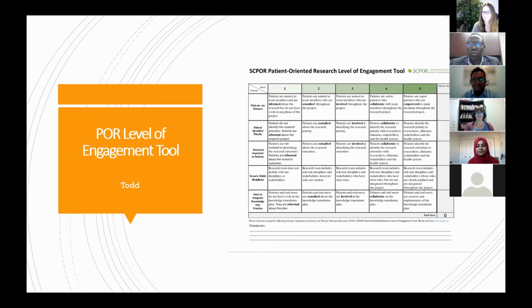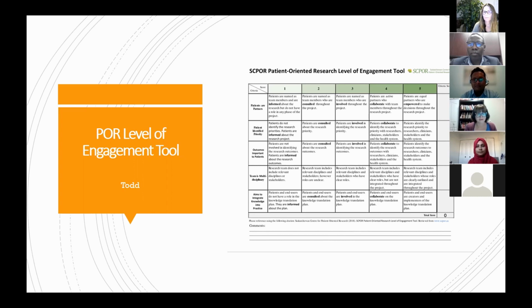Hi, my name is Todd, and I bring the lived experience of incarceration to our team. The POR level of engagement tool was developed by the Saskatchewan Centre for Patient-Oriented Research. This tool helps to determine the extent to which a project is patient-oriented. The tool has 5 criteria of engagement, and each is scored from 1, low engagement, to 5, high engagement, for a maximum total of 25.